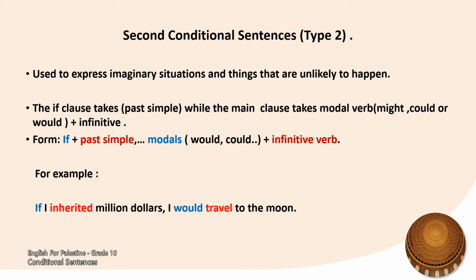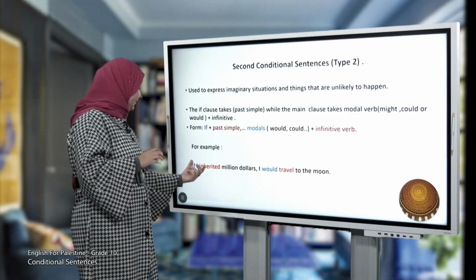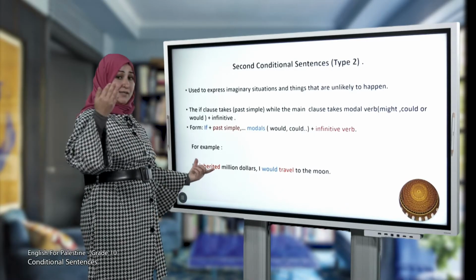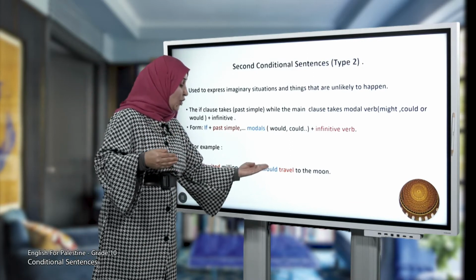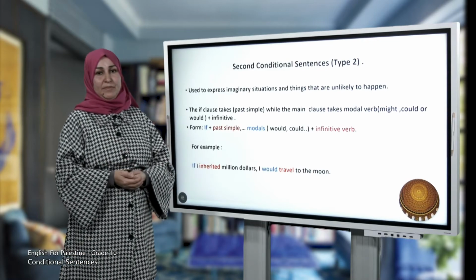In the other clause, we will have a modal such as would or could or might plus infinitive verb. For example, if I inherited $1 million, I would travel to the moon. Notice that the verb with if clause is simple past and the other verb in the other clause is would plus verb infinitive.